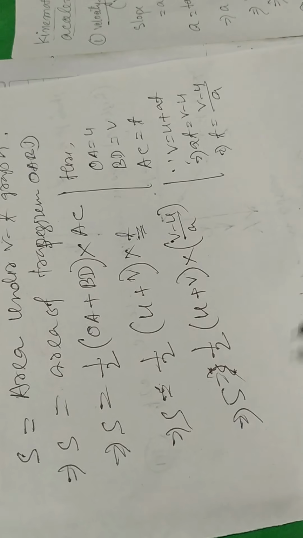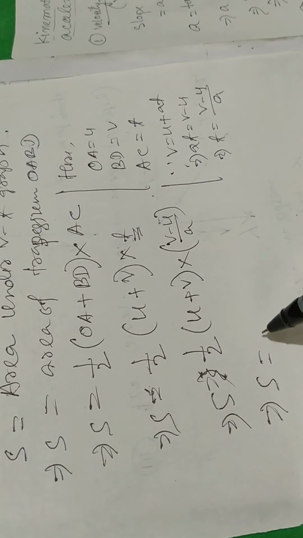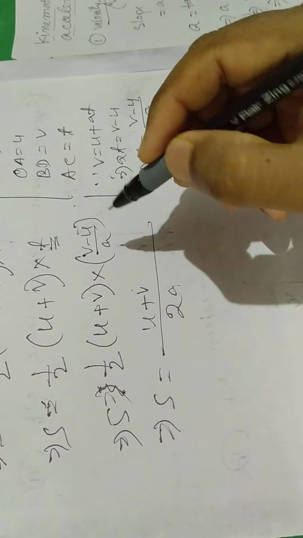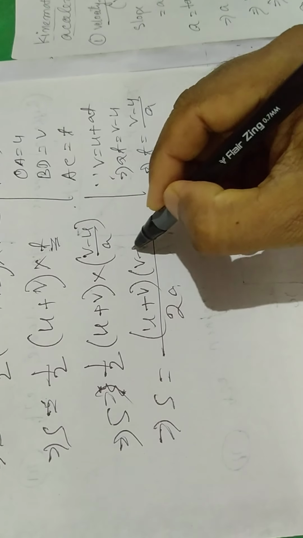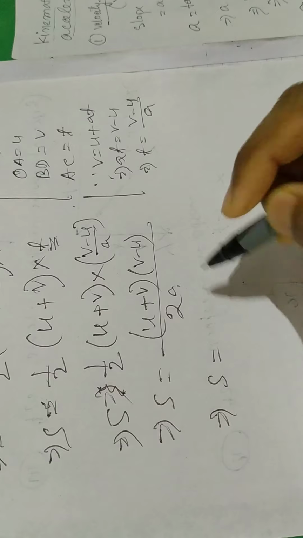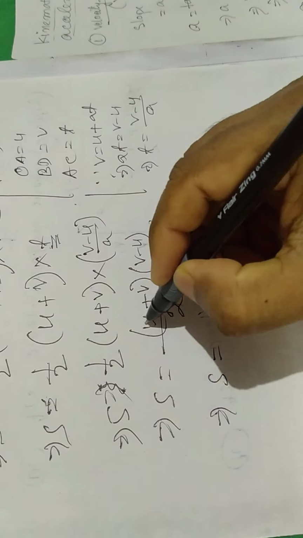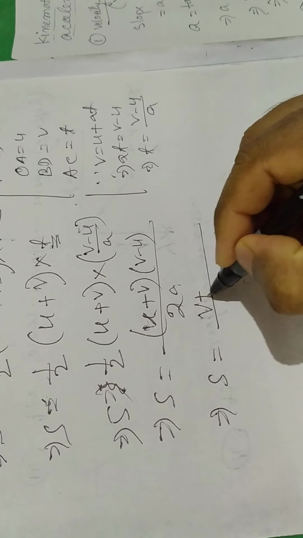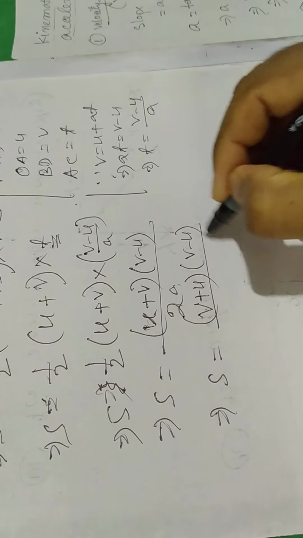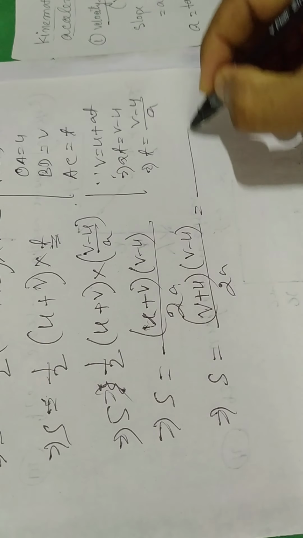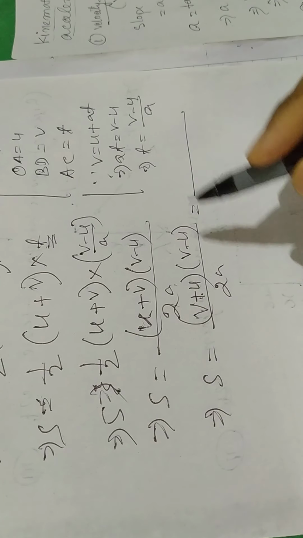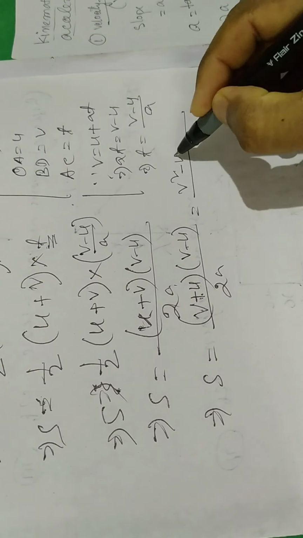So S equal to u plus v into v minus u by 2a, which is like a plus b whole into a minus b, a square minus b square. So v square minus u square by 2a.